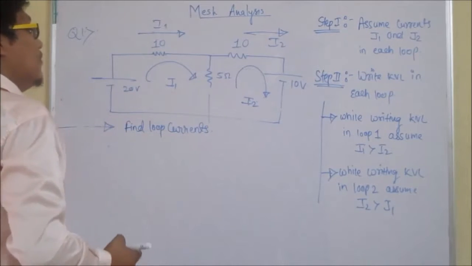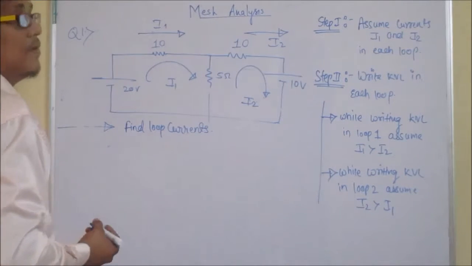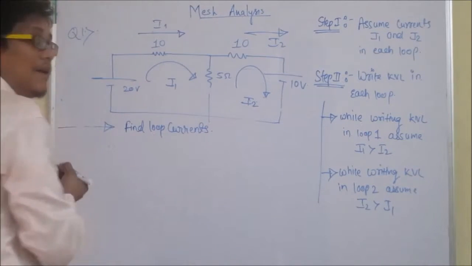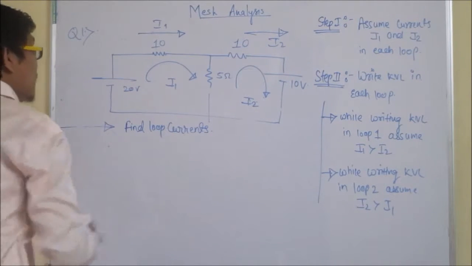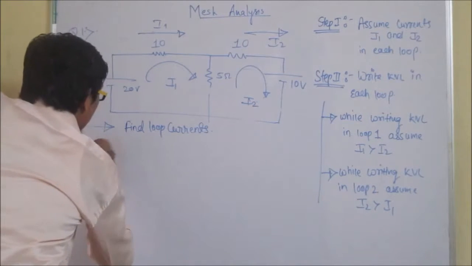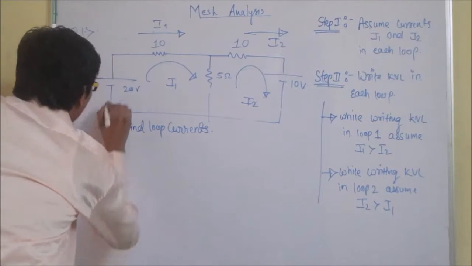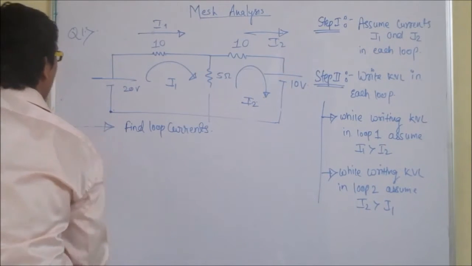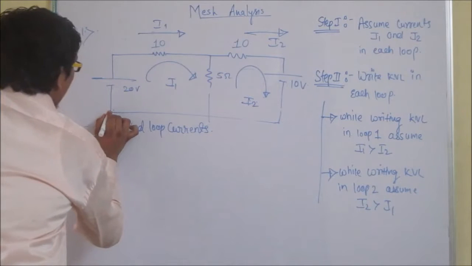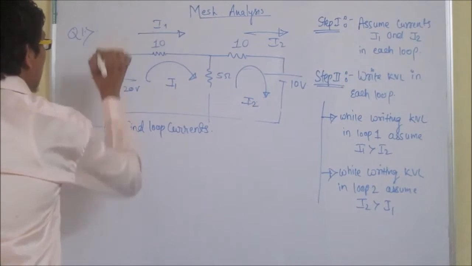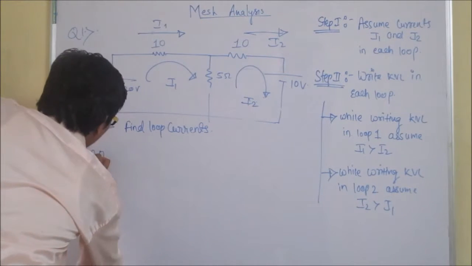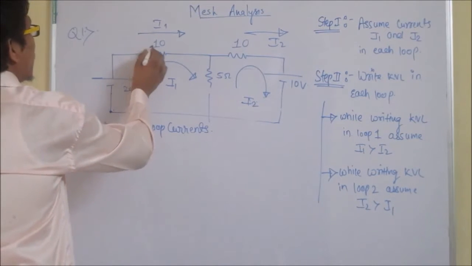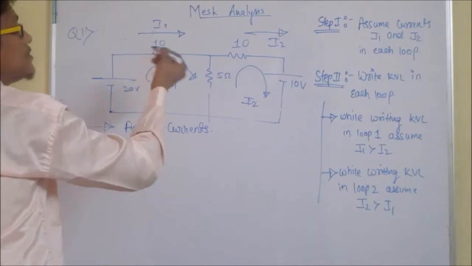Now, I will start writing KVL in loop 1. For loop 1, I will start from here. I will move from here and then again come back to this point, considering any point. Going from negative to positive, there is a potential gain, a rising potential, therefore plus 20. Again, from here, what does a resistor do? It consumes the power.